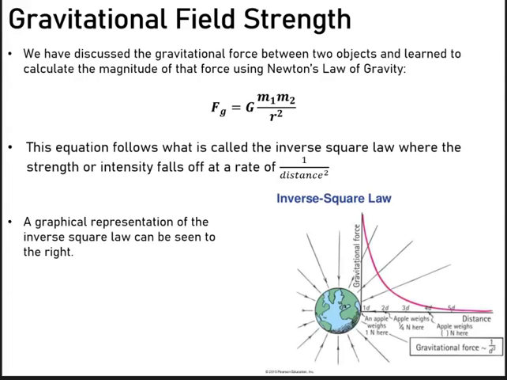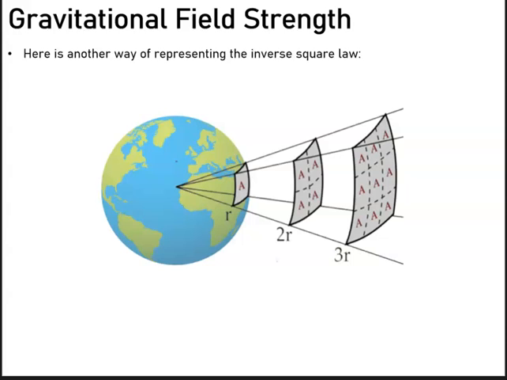And this graph down here is what that inverse square law looks like. So if you see a graph that looks like this, it's an inverse square law. Another way of representing it is like this. One of the easiest things to think about with an inverse square law is maybe light.